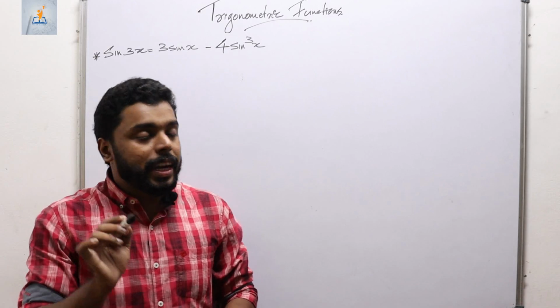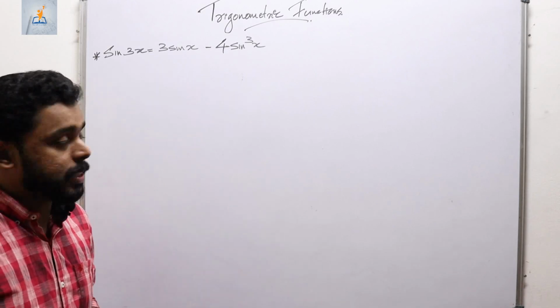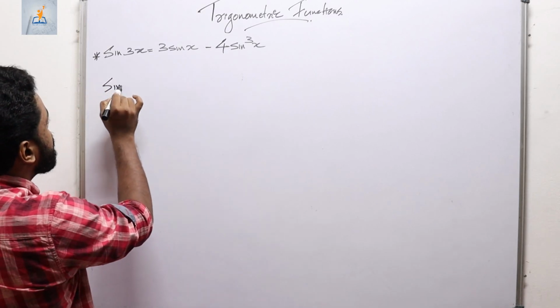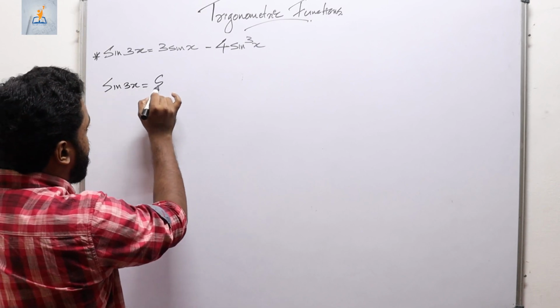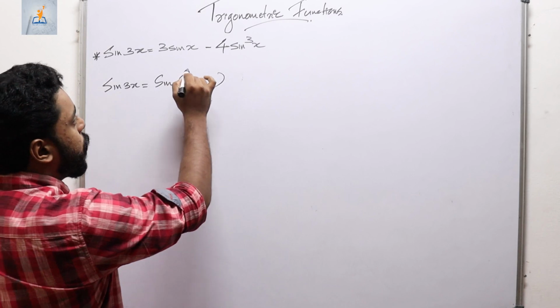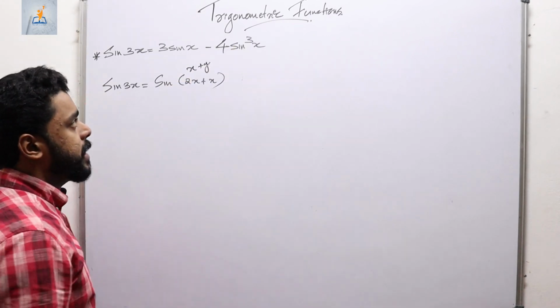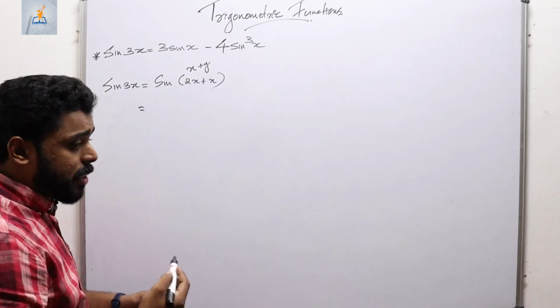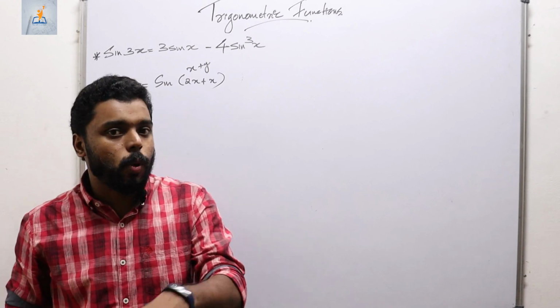Now we shall derive the formula for sin 3x. We know that the angle 3x can be written as 2x plus x, so sin 3x is sin of 2x plus x. This is of the form sin x plus y, isn't it? We know that sin x plus y is equal to sin x cos y plus cos x sin y.